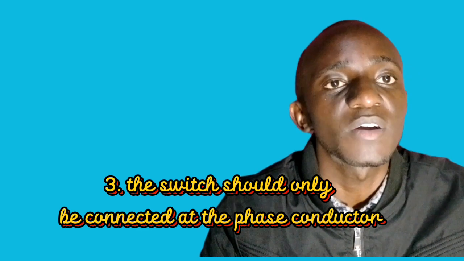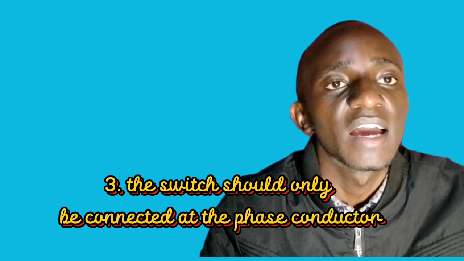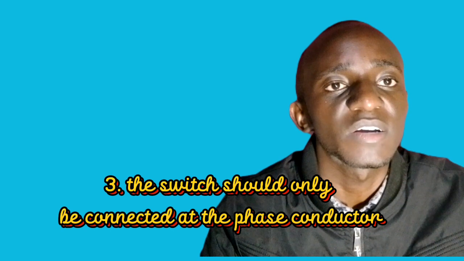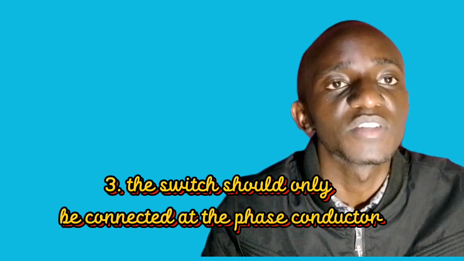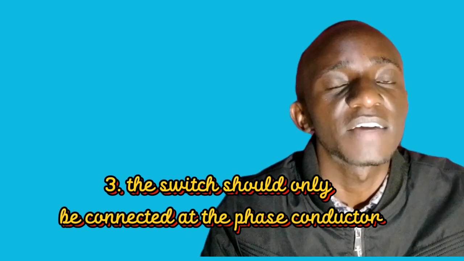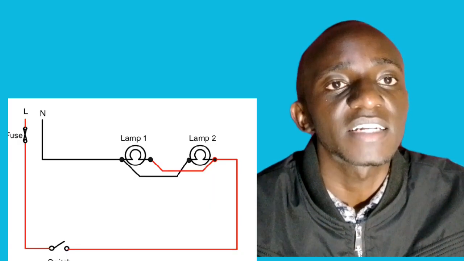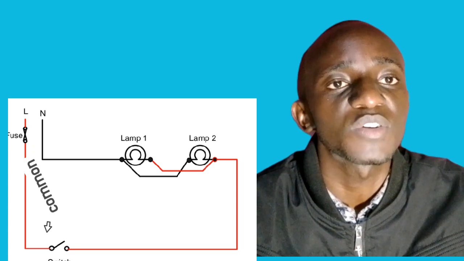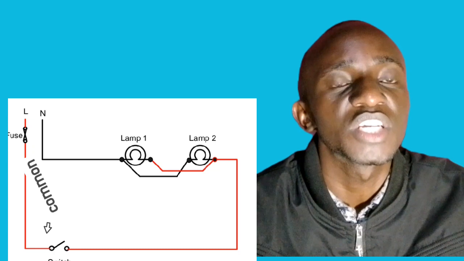it is required that all switchgear is connected at the phase conductor or the live conductor, and when you're installing your lighting circuit, it's only the phase conductor that should move to the switch. Commonly, the best practice is that the phase conductor from the supply should move to the common terminal of the switch.